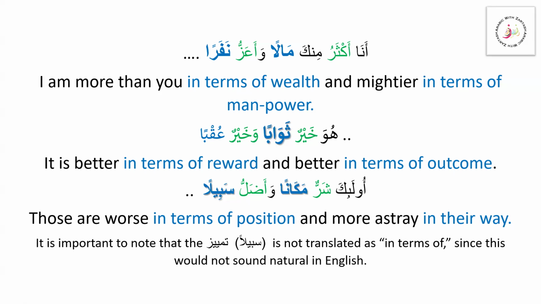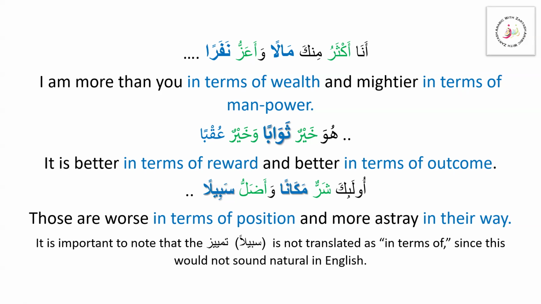Ulaika sharrun makanan wa adallu sabila. Those are worse in what? In terms of position, and more astray. And more astray in what? In their ways. So here you can say this sharrun is ism tafdeel, and makanan and sabilan are tamyiz here.